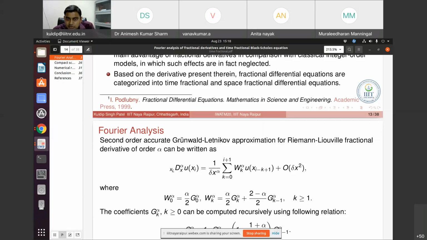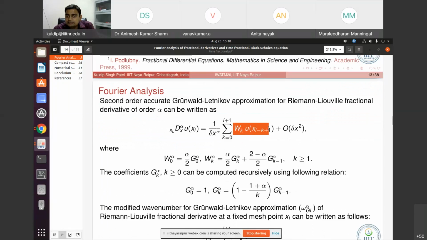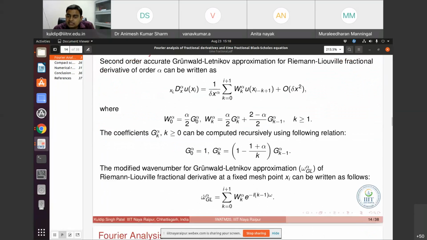So I'll be explaining. Everyone knows, I believe, that this is the Grunwald-Letnikov approximation for the Riemann-Liouville derivative, and here we obtain this modified wave number. This is simple.